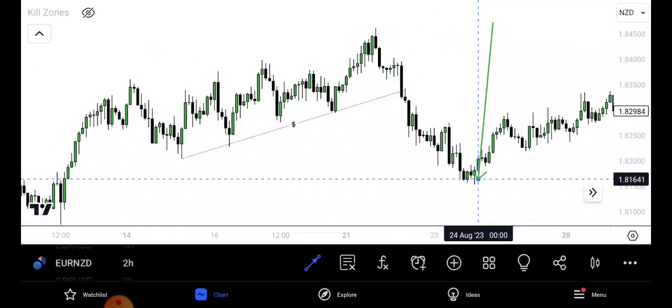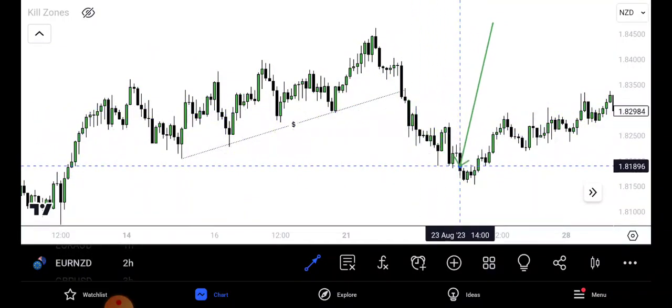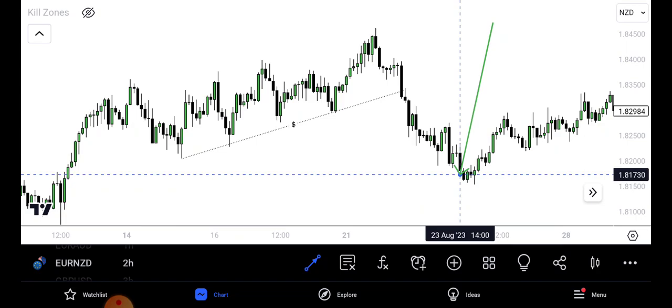Moved into the liquidity. So this is how trend line liquidity is and how it works.